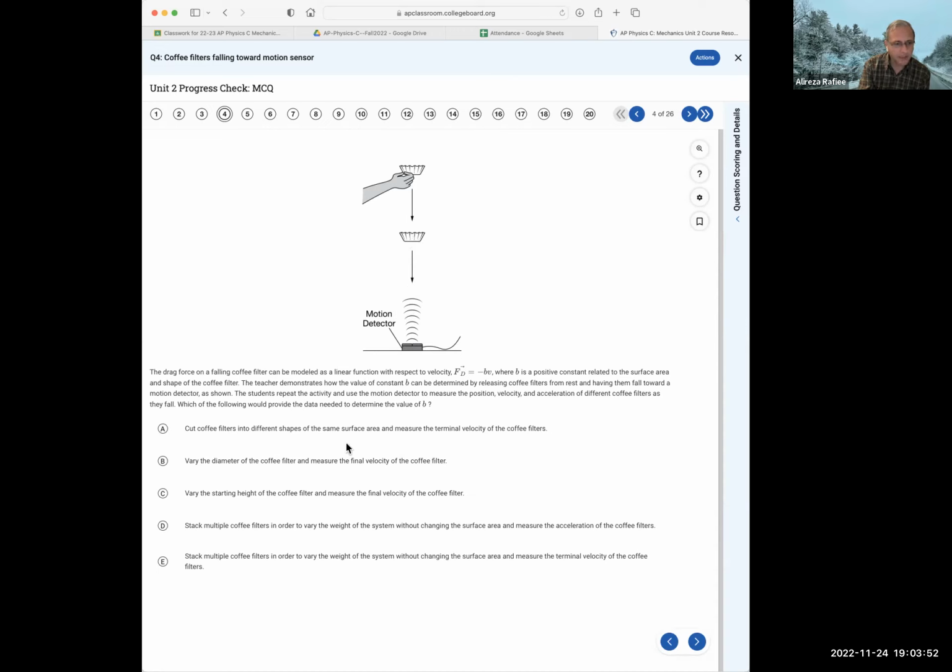Now the students repeat the activity and use the motion detector to measure the position, velocity, and acceleration of different coffee filters as they fall. Which of the following would provide the data needed to determine the constant b? Okay, so first, tell me why this object is falling.